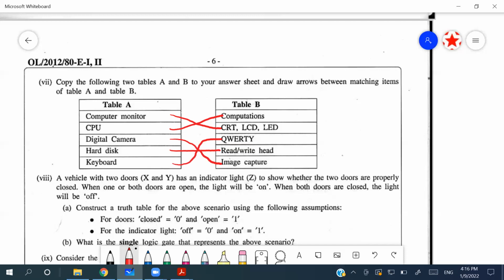We name it QWERTY because that is the one which defines the keyboard layout. There are many different keyboard layouts, but the most famous one is the QWERTY keyboard. If you look at your keyboard, you can see this QWERTY is in order.